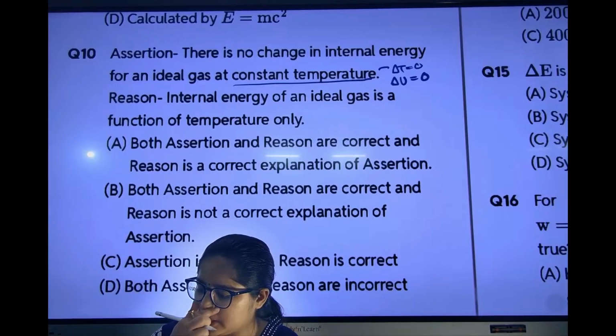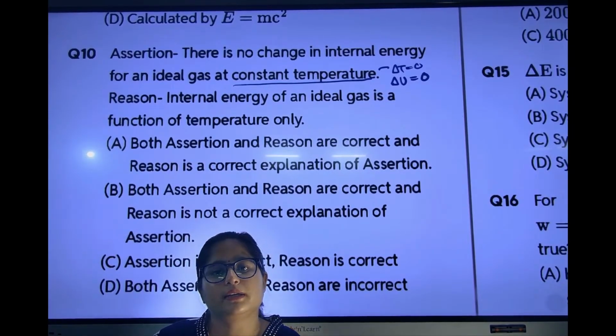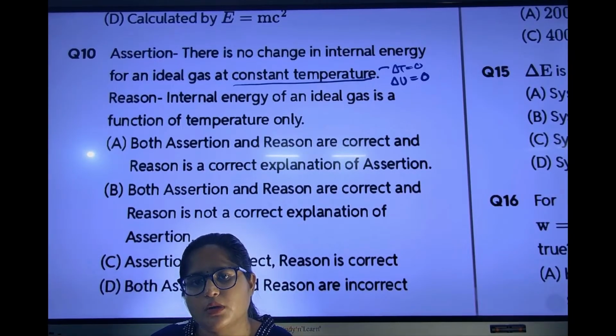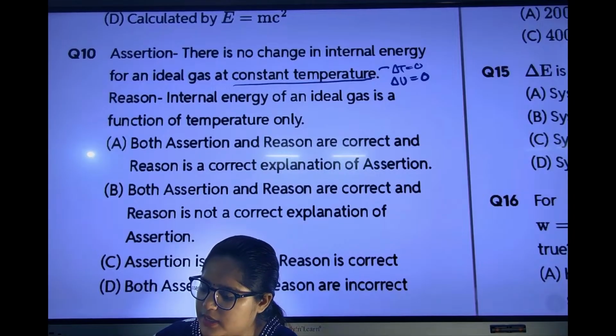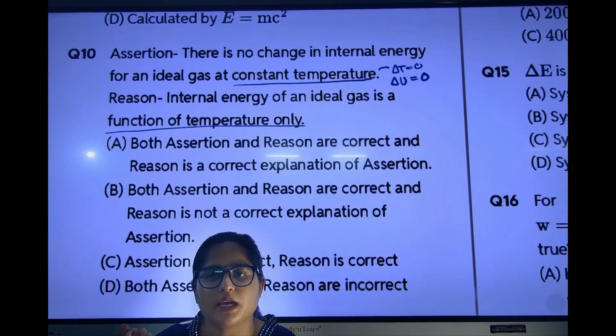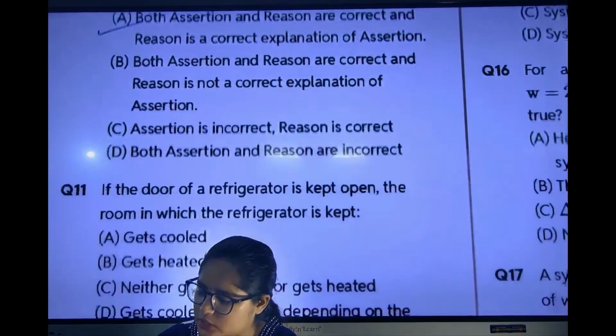So there is no change in internal energy, delta U is 0 at constant temperature. That is isothermal. Write down all these points as a star point: for isothermal, constant temperature, delta U is 0. Reason: internal energy is a function of temperature only. So which option? Option A: both assertion and reason are correct, and reason is the correct explanation of the assertion.